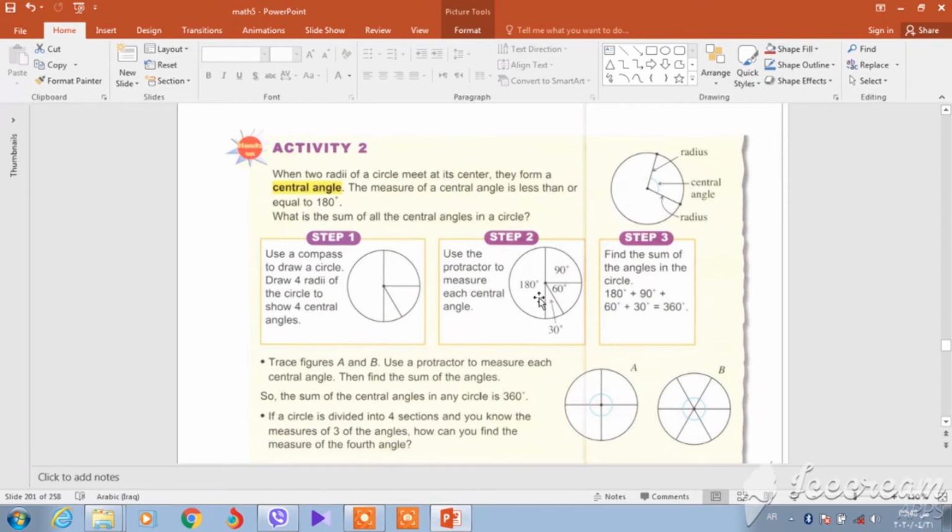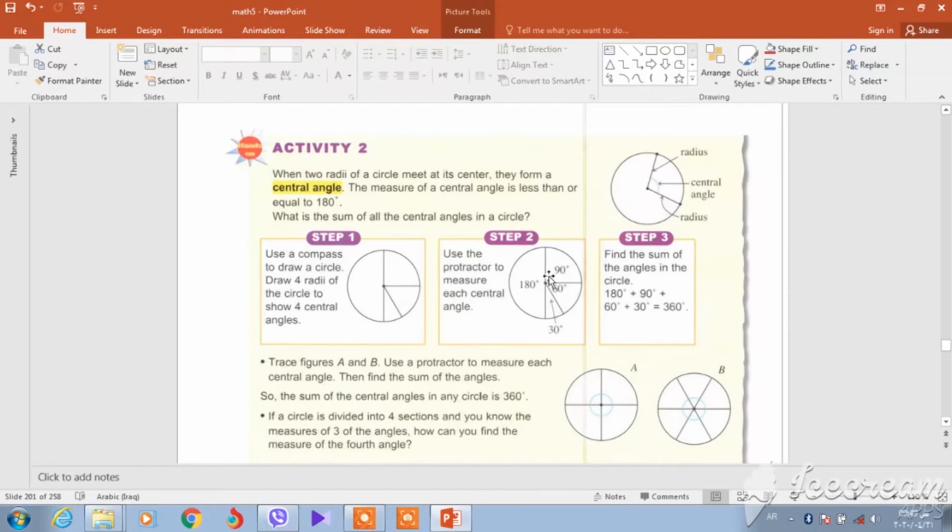Here we have 180, and here we have 90, a right angle. And we know this angle equals 60. So you can sum all the angles we have: 180 plus 90 plus 60 equals 330. Because we know all the angles in the circle equal 360, 360 minus 330 equals 30. So this angle equals 30. We find the sum: 180 plus 90 plus 60 plus 30 equals 360.